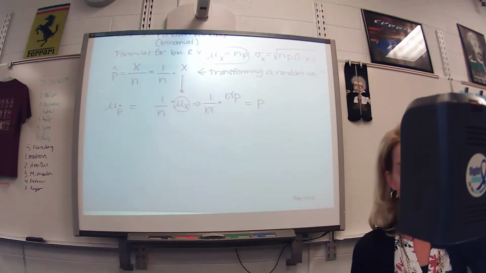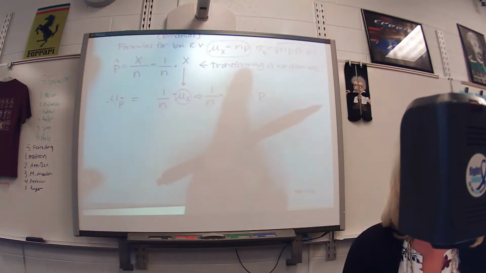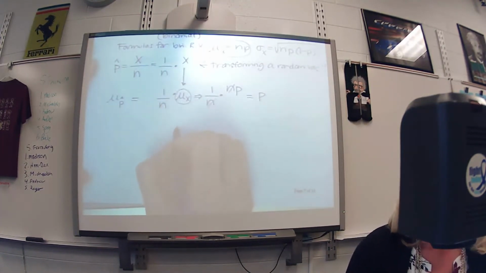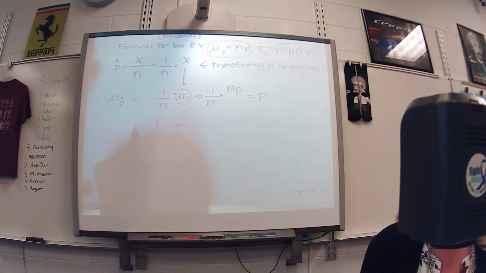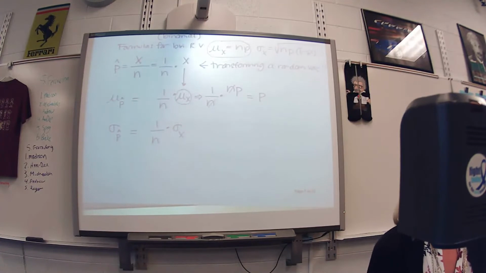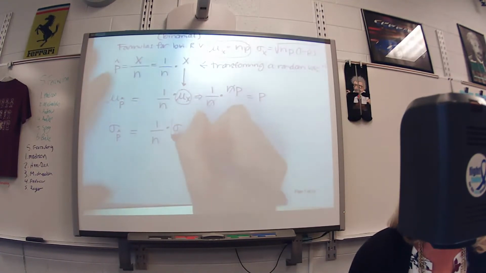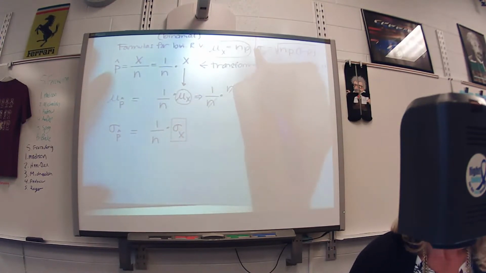Now the sigma one is a little bit more challenging, but the rule for transforming a random variable is I should be able to take the sigma for x and also multiply that by the 1 over n, and that should give me the sigma for p hat. And what I'm going to do now is take this and substitute it with this.